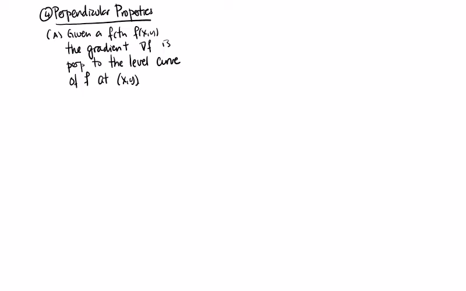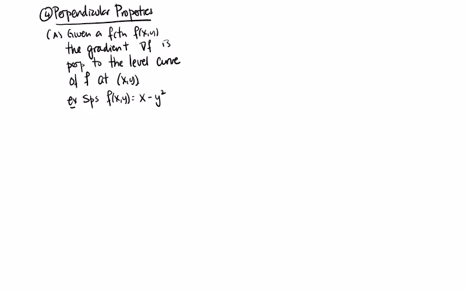Now, there's a proof of this in the textbook. I'm not going to go through it. It's not particularly long, but it's a bit technical. But I do want to do an example so we see what this means. So look at the function, say, f of x, y equals x minus y squared.